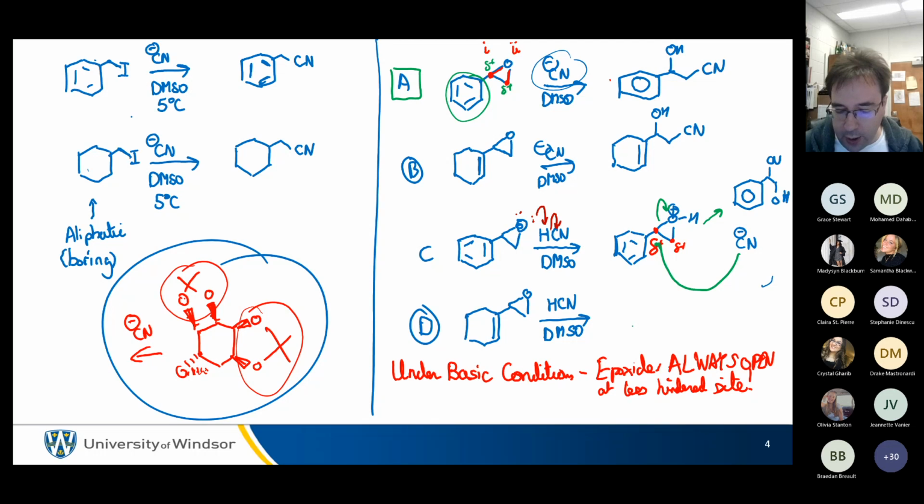So depending on the conditions, if it's acidic or basic, we can open the epoxide at different sites. The example I have down in red actually opens and is controlled by something else, because they're both secondaries, so they're basically identical.